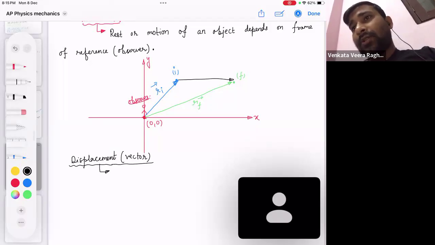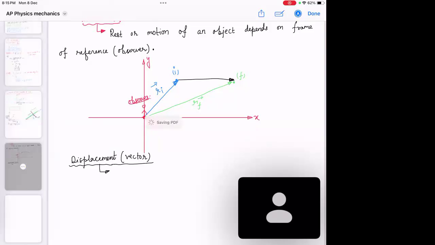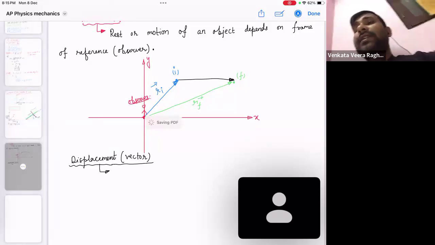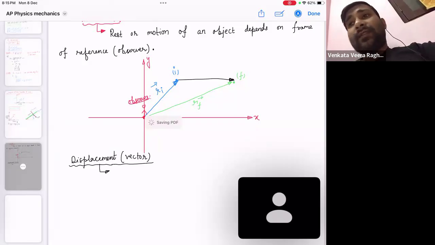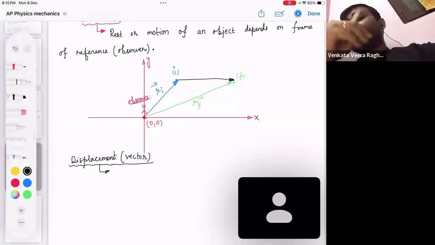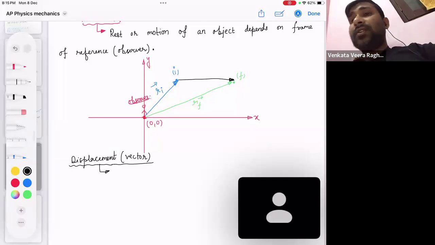The straight line joining the initial and final point. And the direction of the displacement vector is from the initial towards the final position. Is that clear?